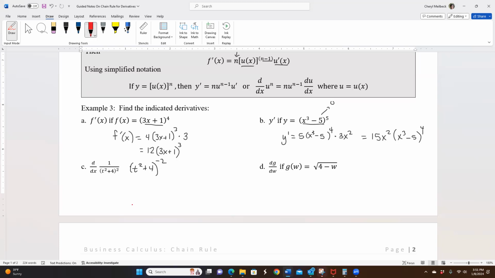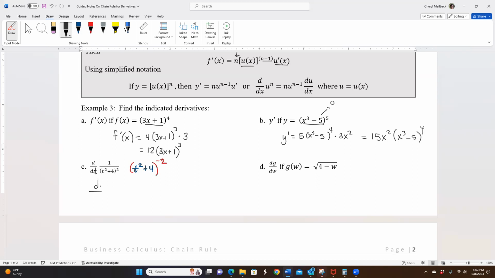So let's identify this again. Our outside function is this part being taken to the negative 2 power, and the inside function is the t squared plus 4. So the derivative here, it says d dx.